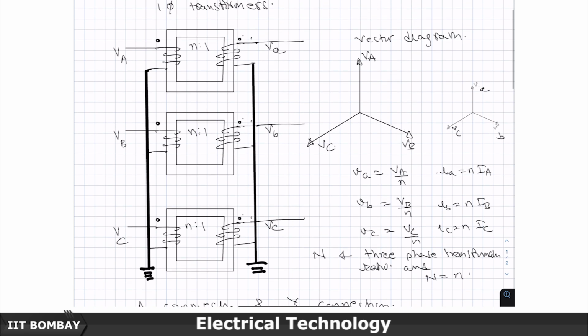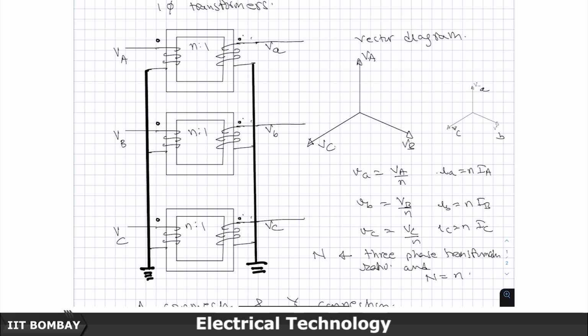So, there is only one transformation ratio. Until I start doing one side delta, another side star and so on, a root 3 factor is not going to come into picture, but once I connect the primary into star and say secondary into delta, then you would see that there is either a multiplication factor by root 3 or a division factor by root 3 which comes with respect to n.